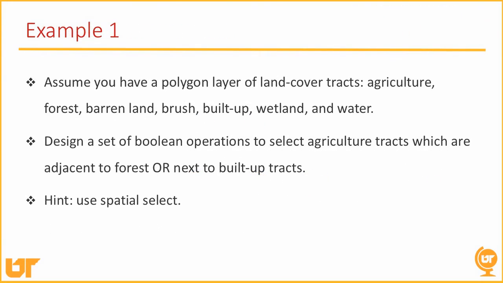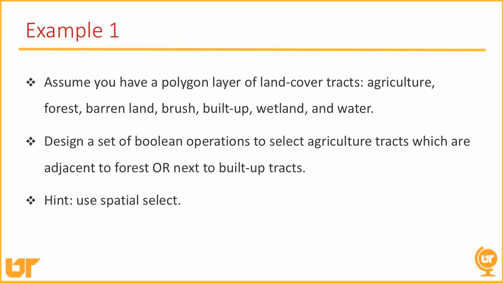Example 1. Assume you have a polygon layer of land cover tracts with 7 different land cover types, including agriculture, forest, barren land, brush, built up, wetland, and water.